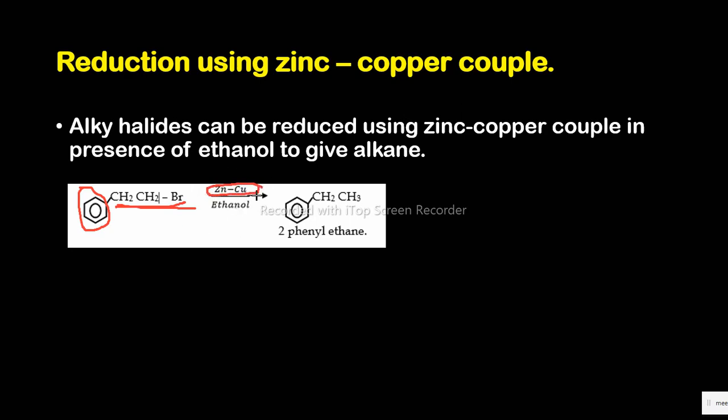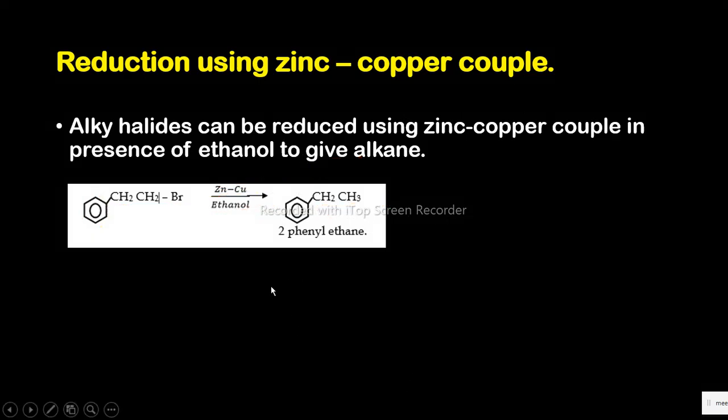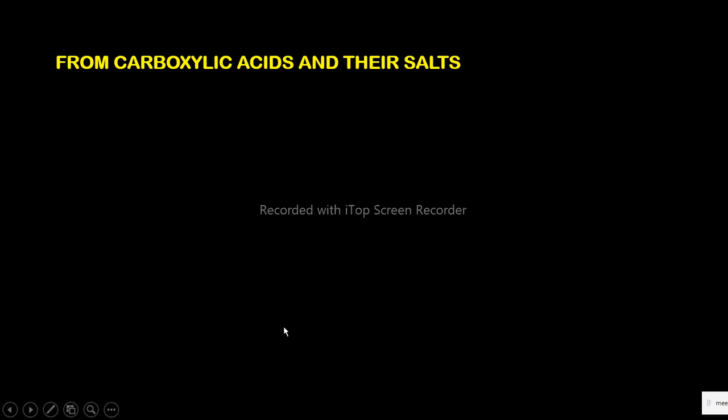The zinc mixed with copper forms that zinc-copper couple, they occur in pairs, in presence of ethanol, then we shall form an alkane. And this is the alkane of ours. So I hope that one is good.